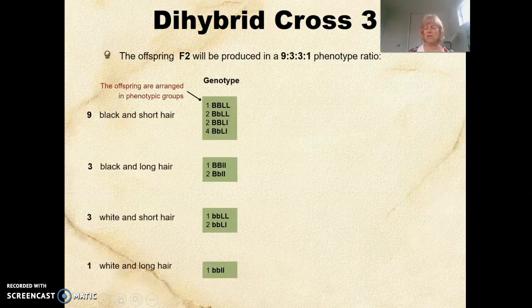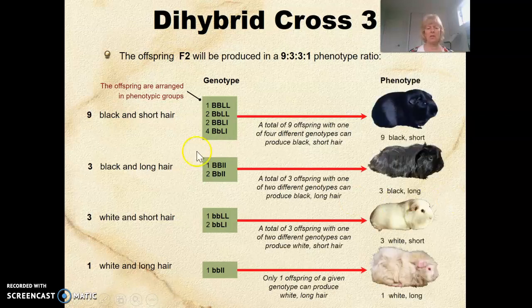So as we just counted, 9 of the individuals will be black with long hair because they carry either 1 or 2 dominant alleles for both of the genes. 3 of the individuals will be dominant for color but recessive for hair length. 3 of them will be recessive for color but dominant for hair length, and then 1 will be recessive for both genes.